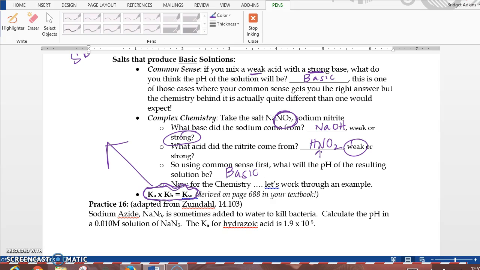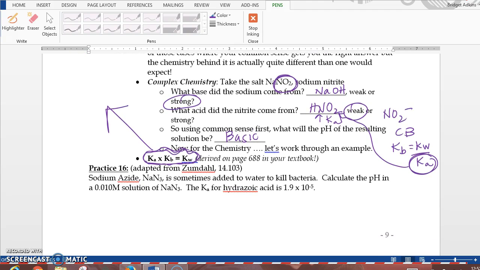If you were to know the Ka for this acid, which is a weak acid, so it would have a Ka, we know that NO2- is the conjugate base for that acid. So if you wanted to know what the Kb was, you could use this equation and say it's just equal to Kw over Ka. And where would that Ka come from? It would be the Ka of that acid. We're going to use that over and over again, so it's really an important formula.